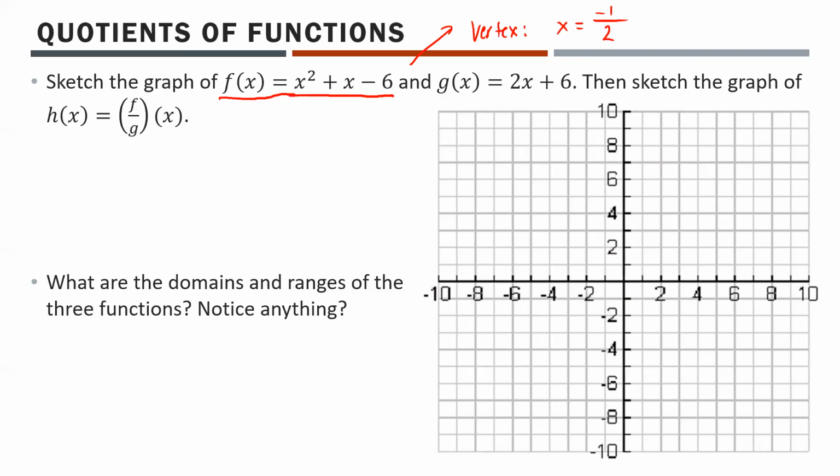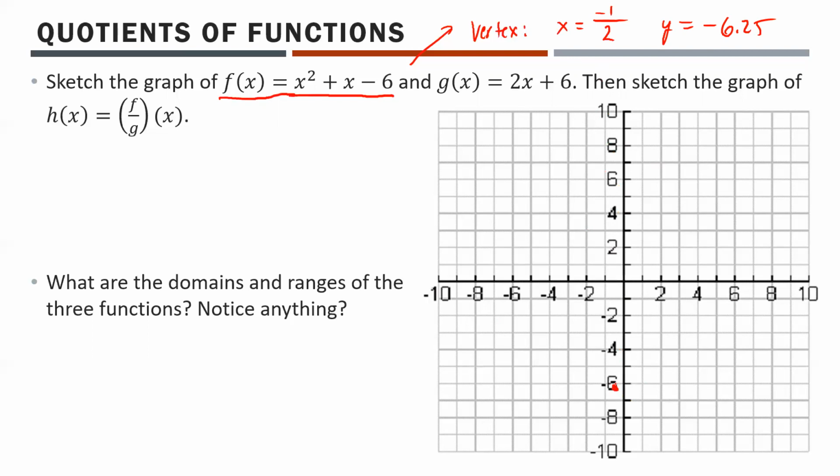Oh, hold on, I just put that in wrong. Got to square the outside of the brackets, not the inside of the brackets. -0.5 squared plus -0.5 minus 6, not doing too well today. That's going to give me y equals -6.25. So I'm going to plot that coordinate, -1/2 and -6.25. That looks like it's about right here.